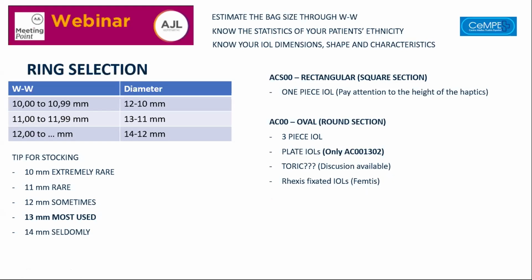And it's also due to capsular contraction. So you may not get a decentering with respect to the rexis, but yes, you're going to have a capsular shrinking. This is what we want to avoid.